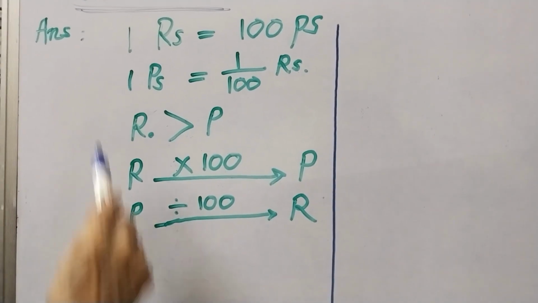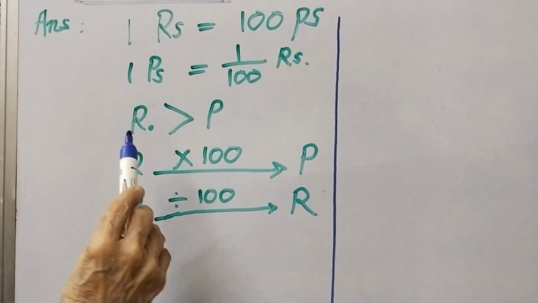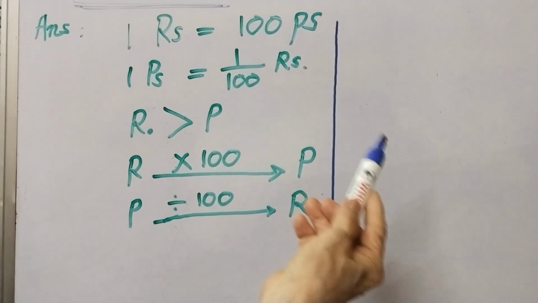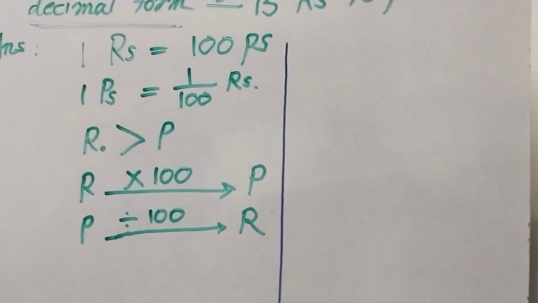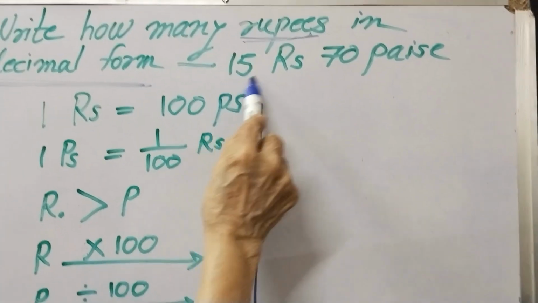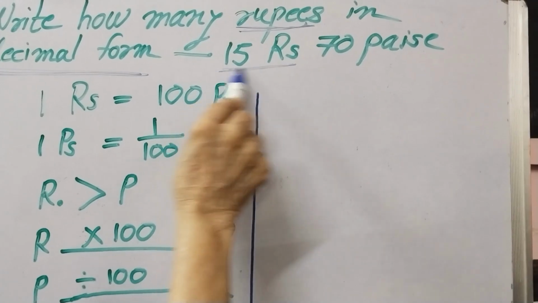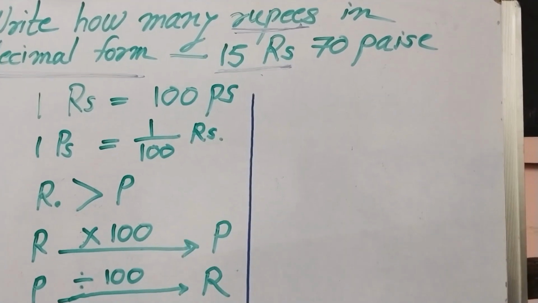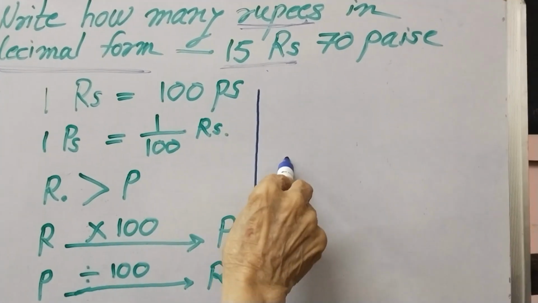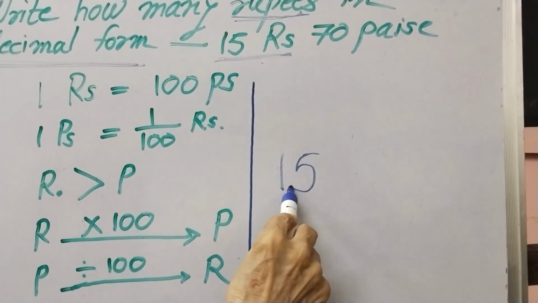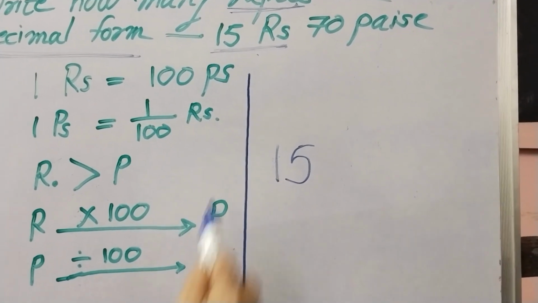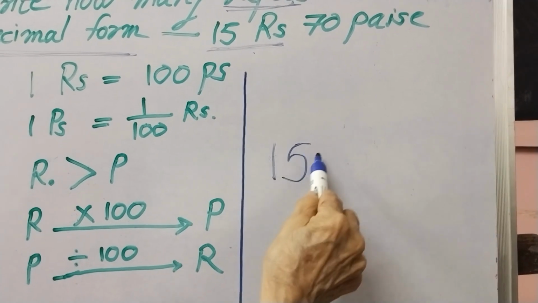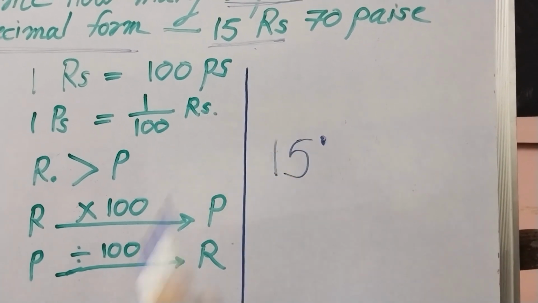But initially, you better write all these things in your answer book. Now let us come on the answer itself. Here 15 rupees, they have already given us 15 rupees. So 15 whole rupees means full rupees, and hence this will come before the decimal point.